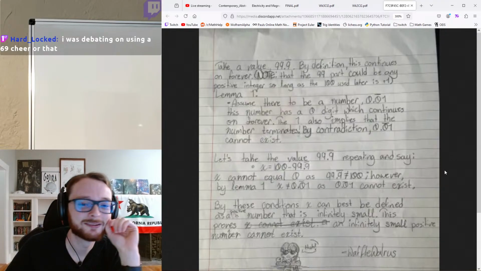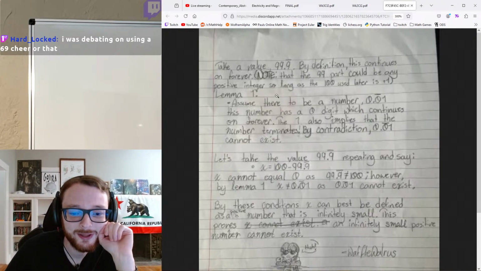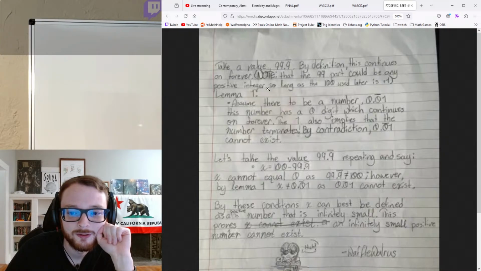Okay, so is this gonna be equal to 100? Take a value 99.9 repeating, by definition this continues on forever. Note the 99 part couldn't be any positive integer so long as the 100. Oh, okay, yeah. Like the 99 isn't the important bit. The 0.9 repeating is the important bit.